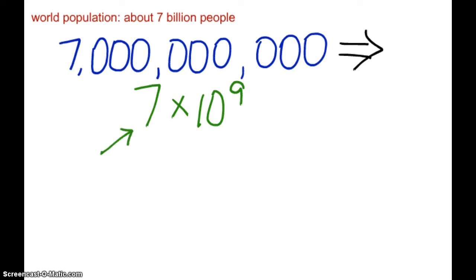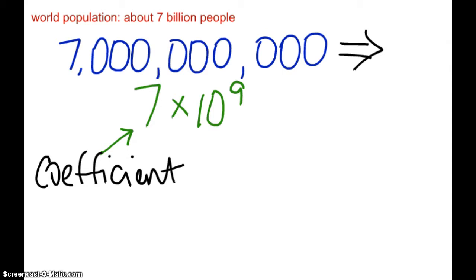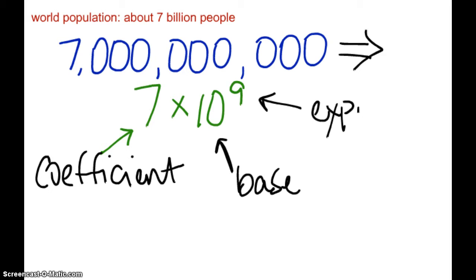The 7 is called your coefficient. And then the 10 is your base, and we're working base 10, and then the 9 is your exponent.